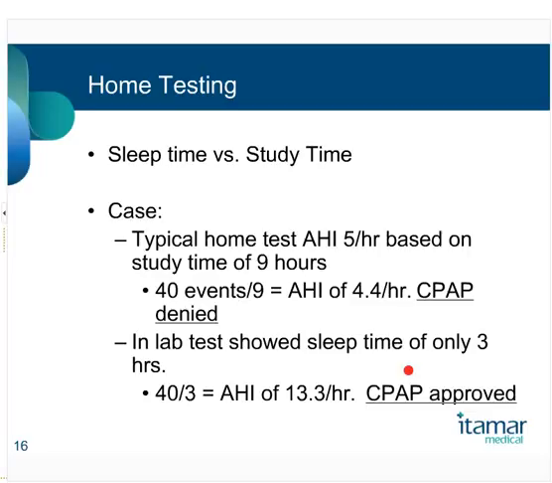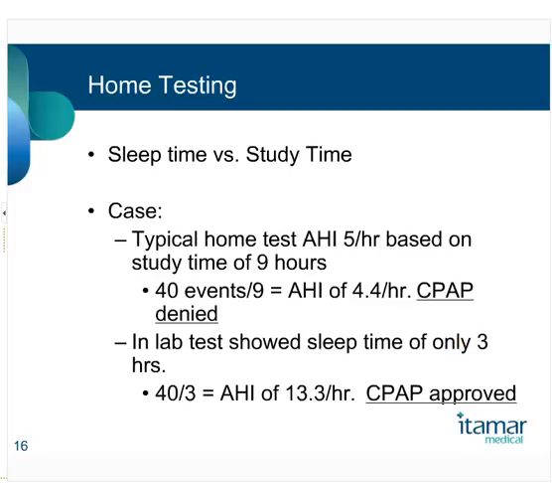Home tests typically use recording time as the denominator, and of course laboratory tests use total sleep time. Well, total sleep time is always less than total recording time because virtually no patients sleep 100% of the recording time. So the total sleep time is different from the recording time.